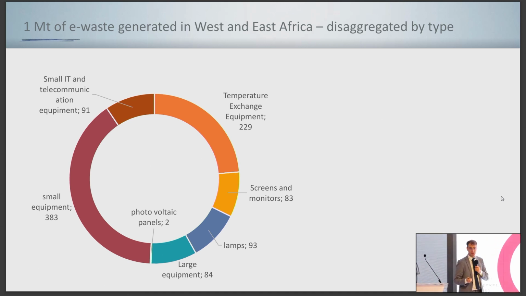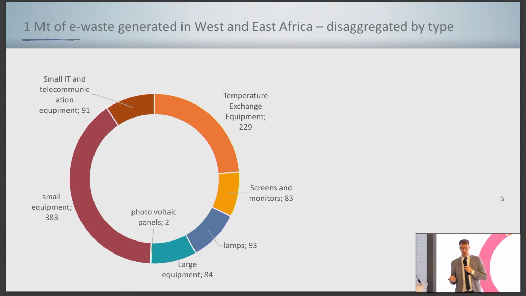It equals 383 kilotons of e-waste generated in East and West Africa. The second largest is temperature exchange equipment. That's basically fridges, air conditioners. And you can also read the other numbers on the screen here.